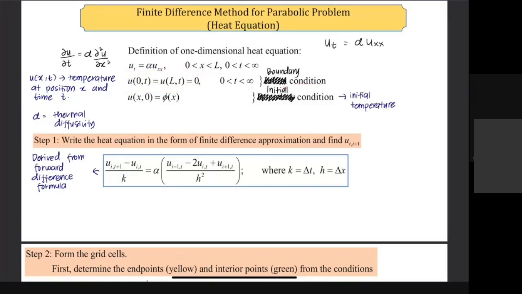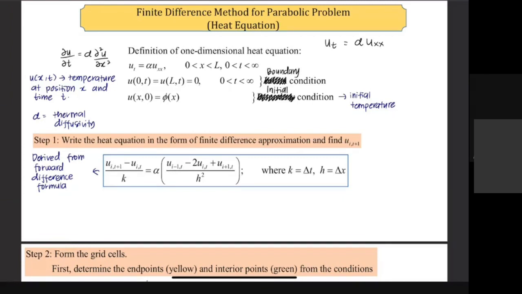When x equals 0, the temperature is 0. When x equals L, the temperature is also 0. And given the initial condition, the initial temperature, suhu awal, is given by this equation.